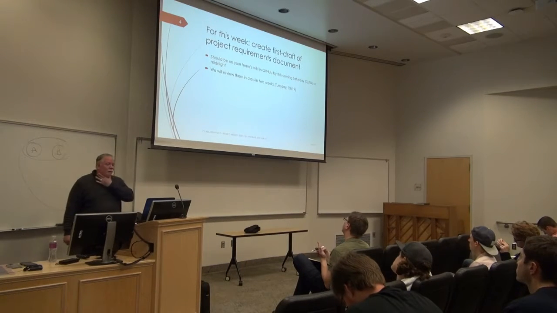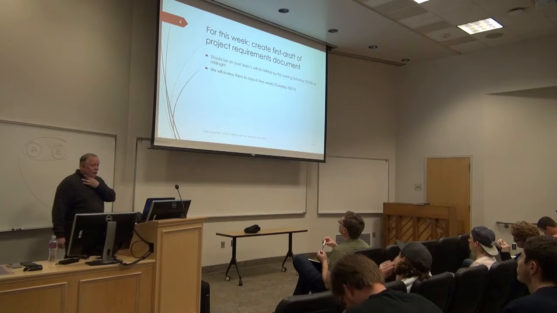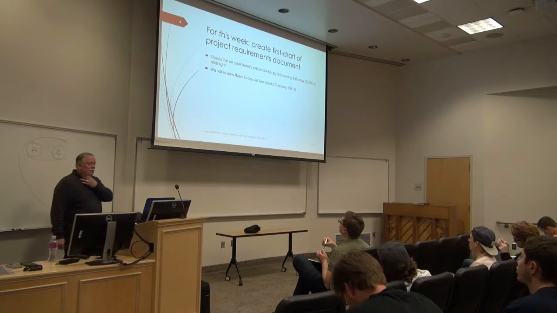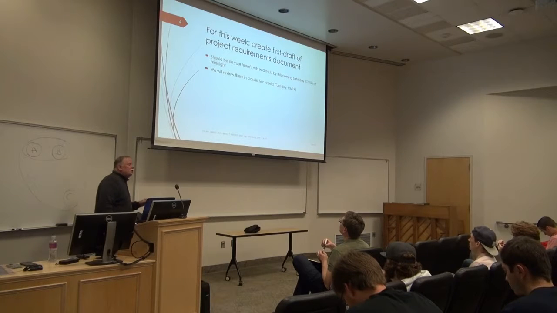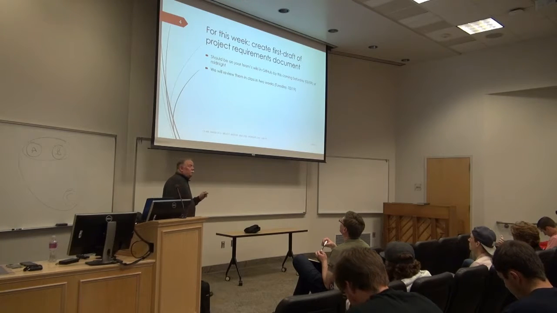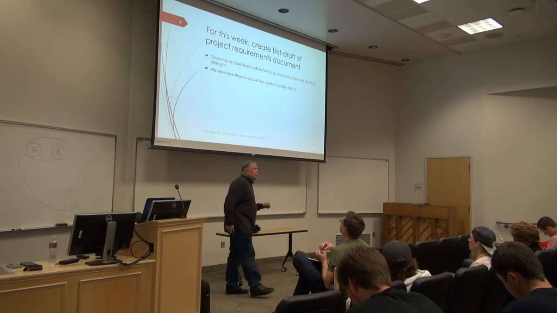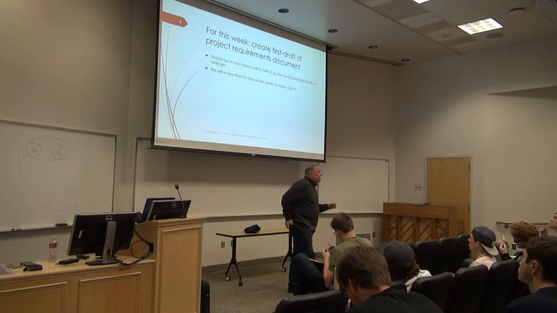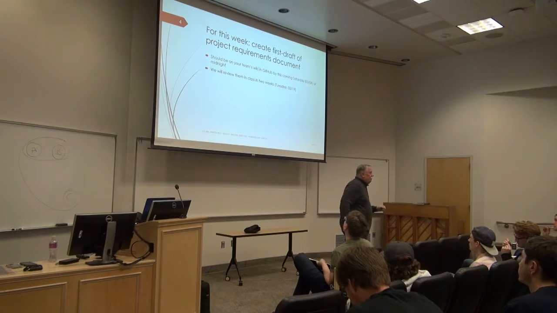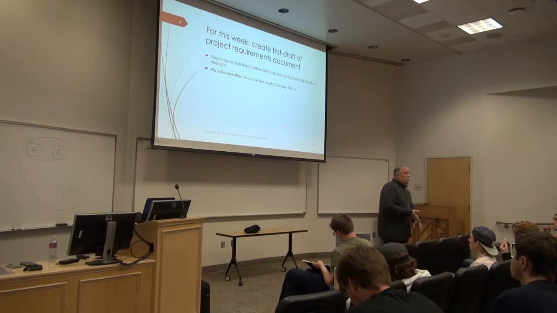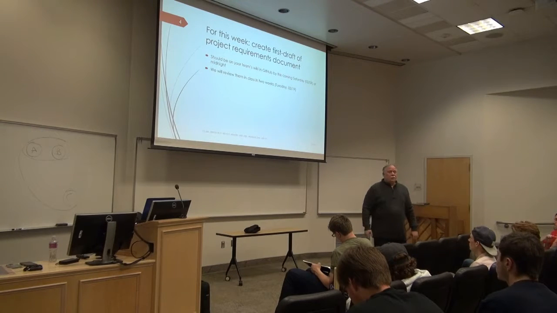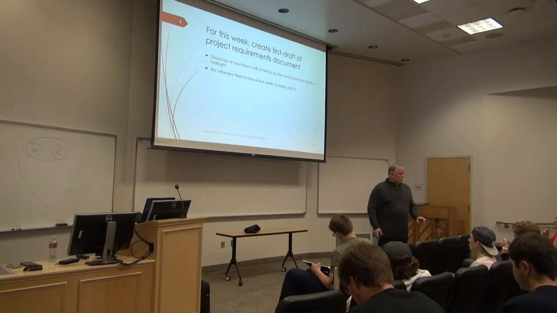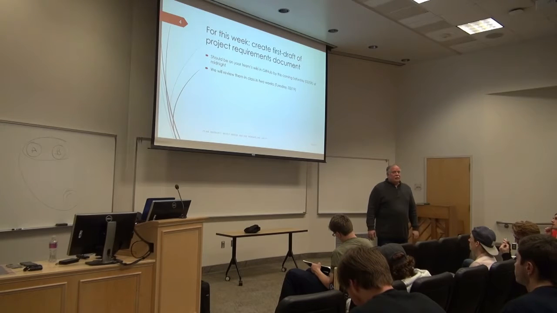So, for this week, I actually have the date right there. So, yes, I have both the dates right there. The first draft, I will basically say, I don't expect this to be a final draft, but your first cut at your requirements document, defining what you're building, what you want by March, what you want by April, what you're not building, should be on the wiki by midnight Saturday.